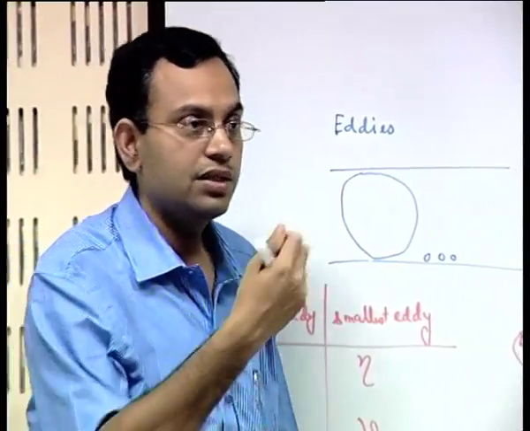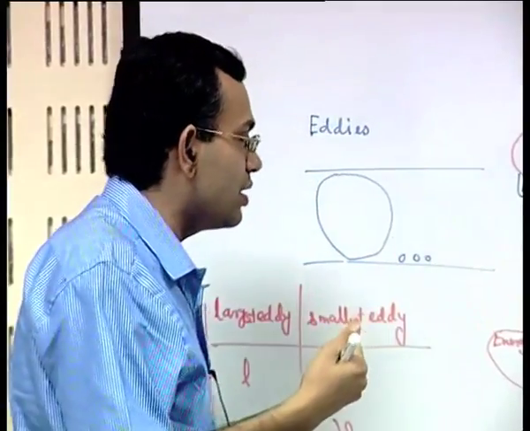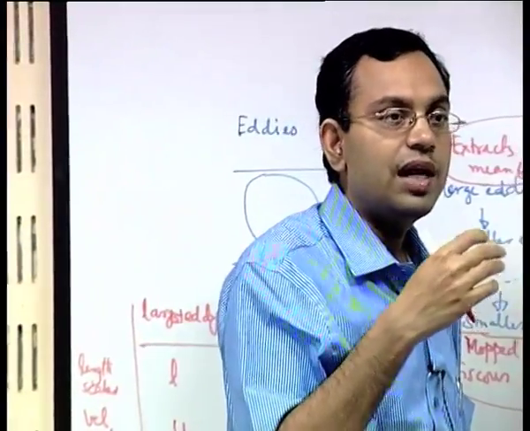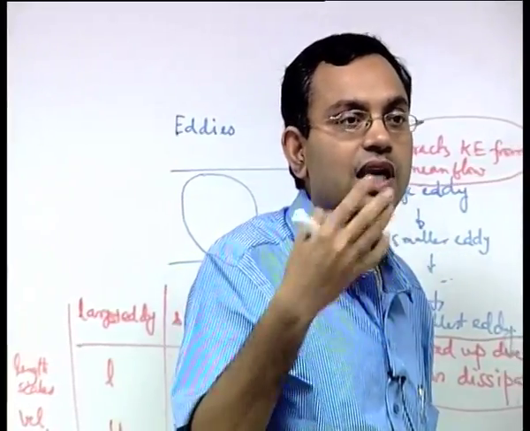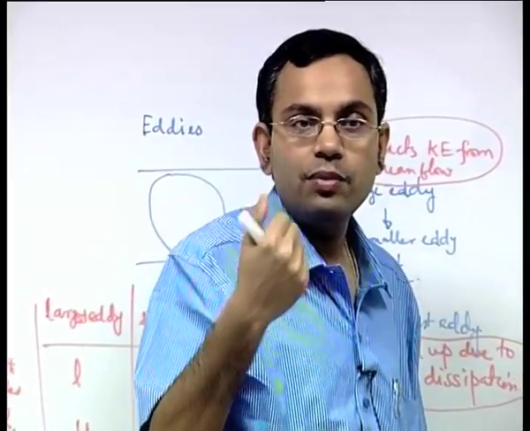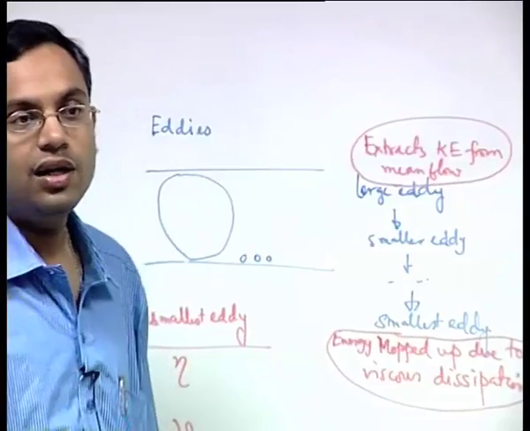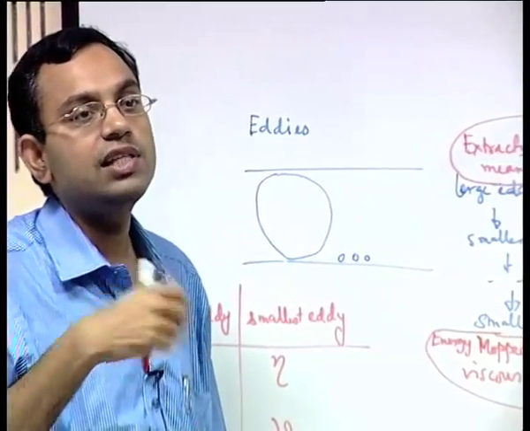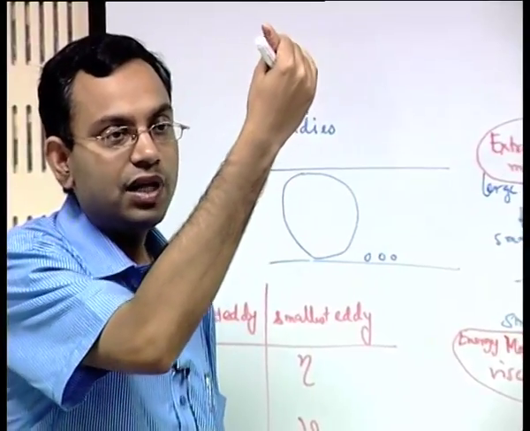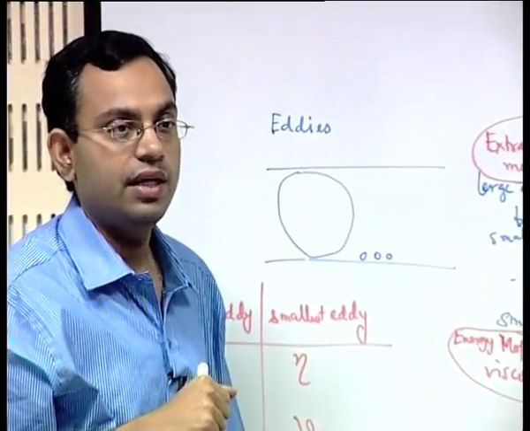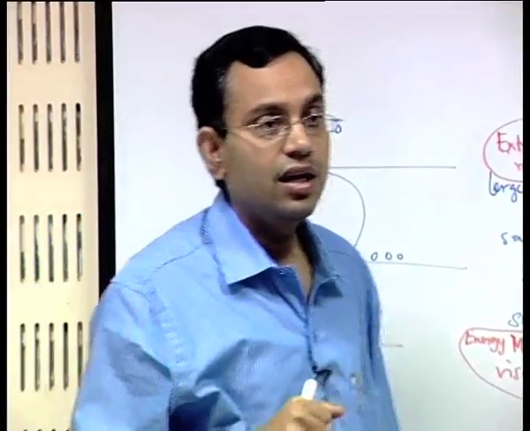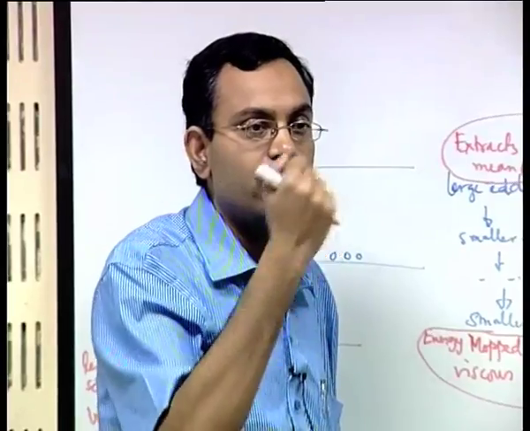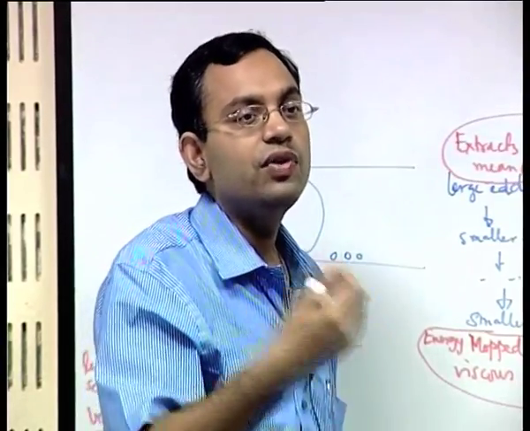But as you come down to smaller and smaller eddies, the length scale of the eddy is small. That means the inertial force, which scales with the length scale, becomes smaller and smaller, and the smallest eddy will be just good enough to dissipate all the energy that has been cascaded from the larger eddy scale to the smaller eddy scale through viscous dissipation.